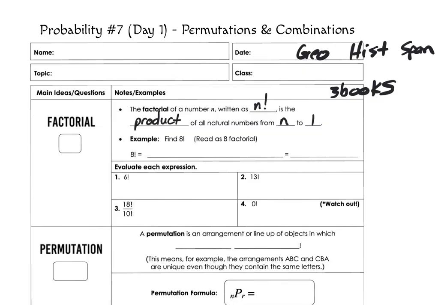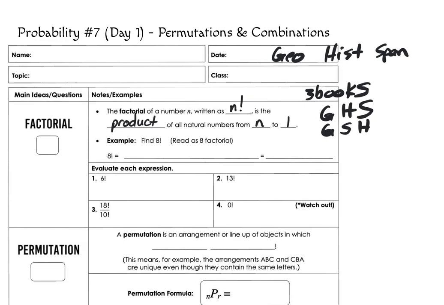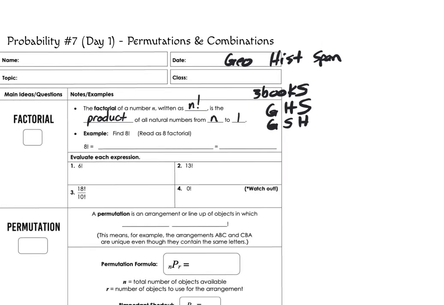So each one's a little bit different. Okay? Well, I could go geometry, history, and Spanish in that order, right? I could leave the geometry book first, and I could switch the Spanish and the history book, which would give me a different order. I could put the history book first, and then I could do geometry and Spanish.